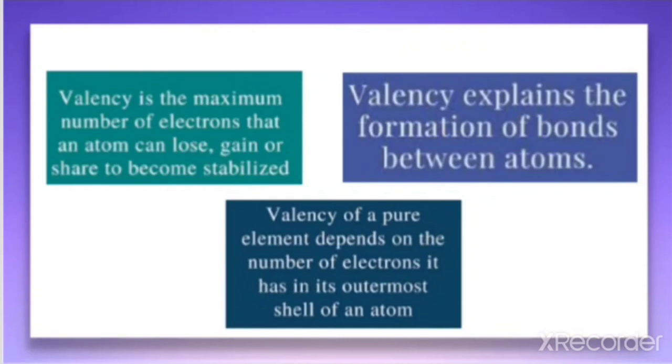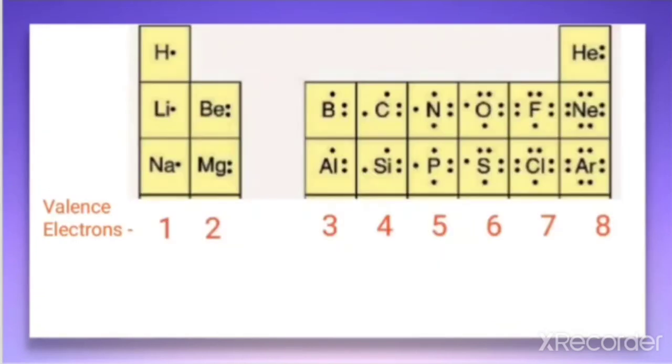So better we will make this chart. We have already discussed this table in which we learned the valence electrons and the sequence. On the basis of this, we can compare the valence electrons. Once you have learned the valence electrons, you can easily predict the valency.